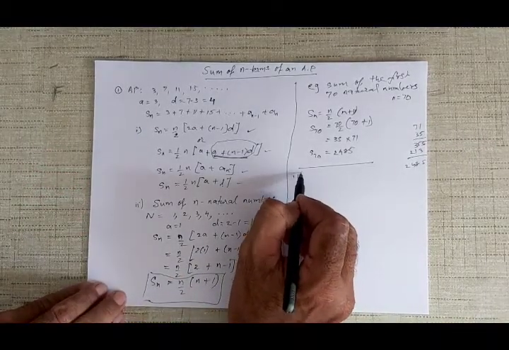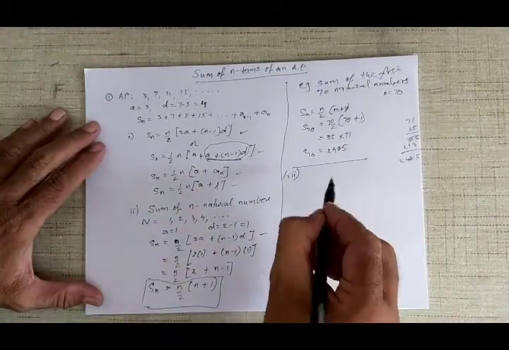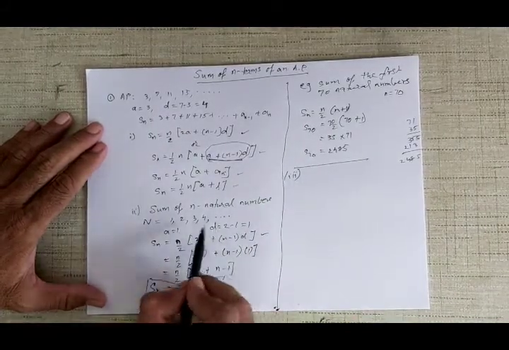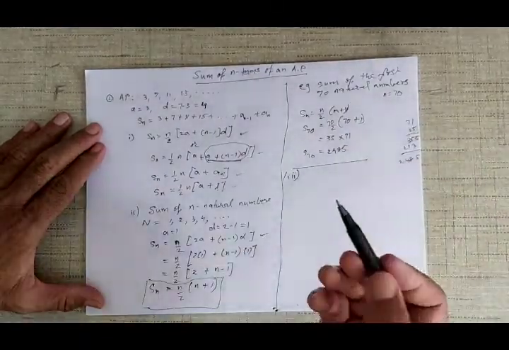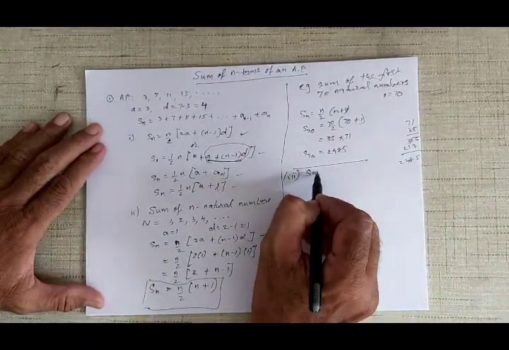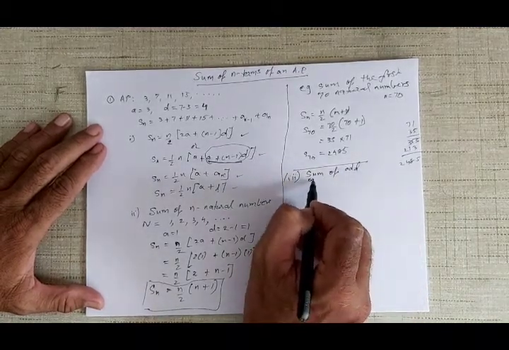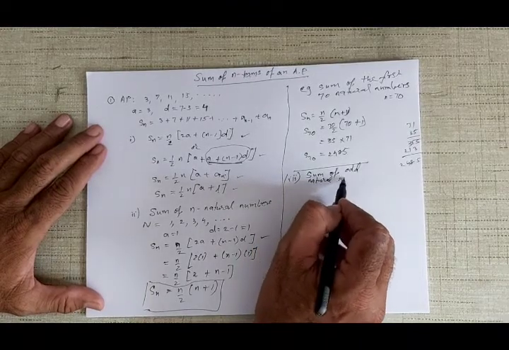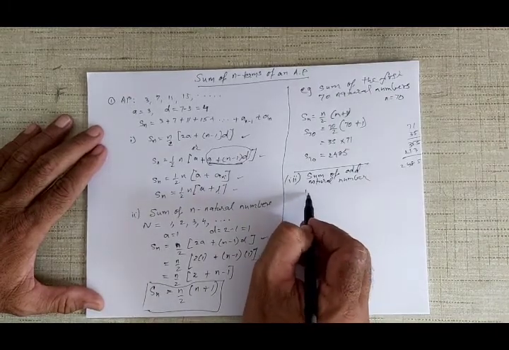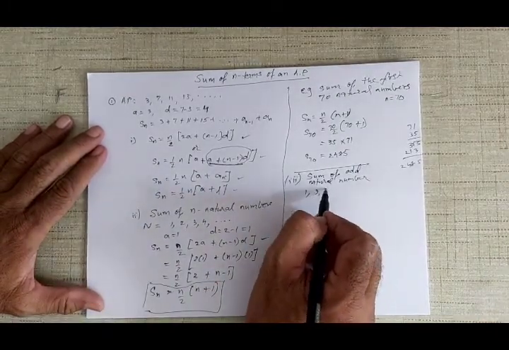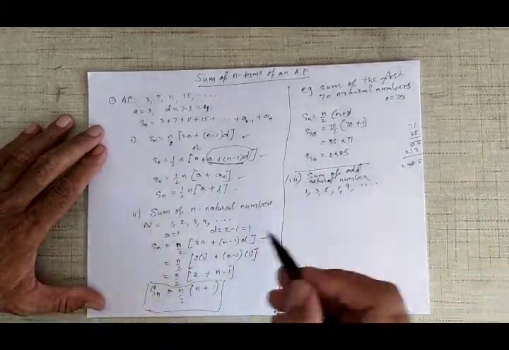Suppose, instead of natural numbers, we want the sum of odd natural numbers. The first odd number is 1, then 3, 5, 7, 9. These are odd numbers, all natural numbers.